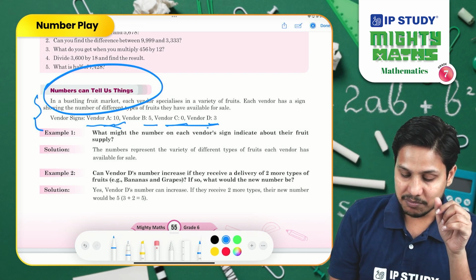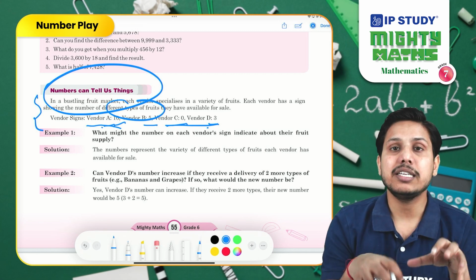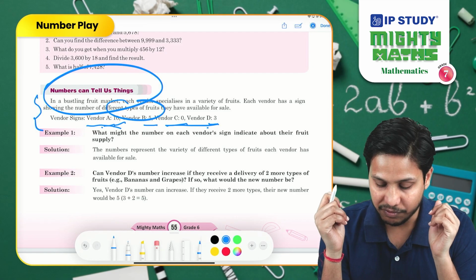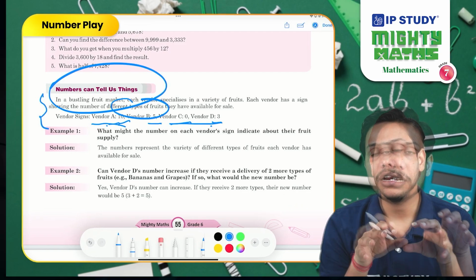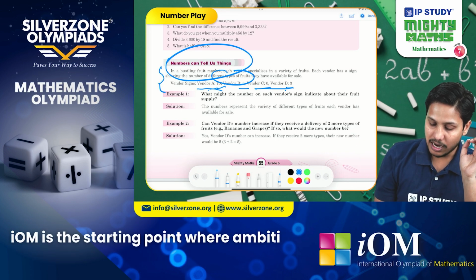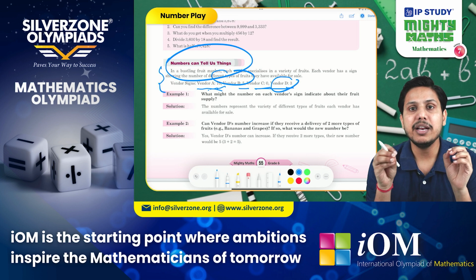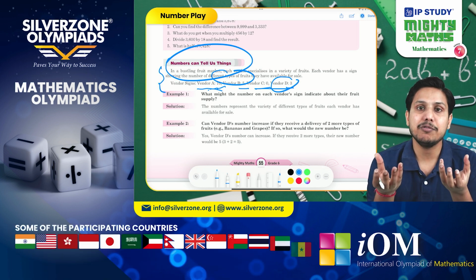These are numbers for different types of fruits. It means vendor A has 10 different types of fruit, vendor B has 5 different types of fruit, vendor C has no fruits, either he had not come up with the fruits or the fruits have been sold out, and the last vendor D has 3 different types of fruits. So here a number is given and it is only said that this number represents different types of fruits.